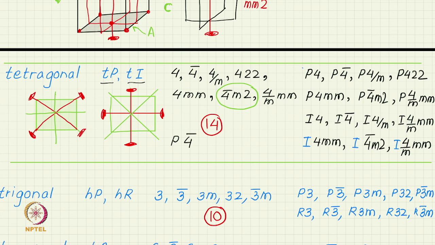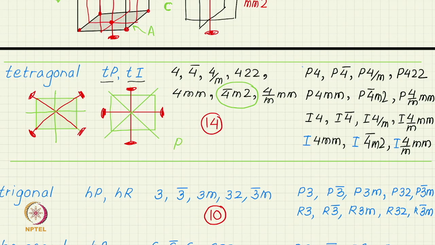So, I have P 4 bar 2M and I 4 bar 2M. So, two new space groups get created in the tetragonal.